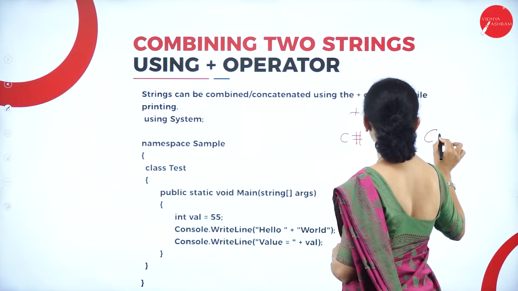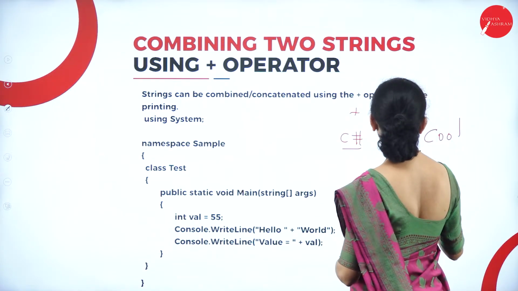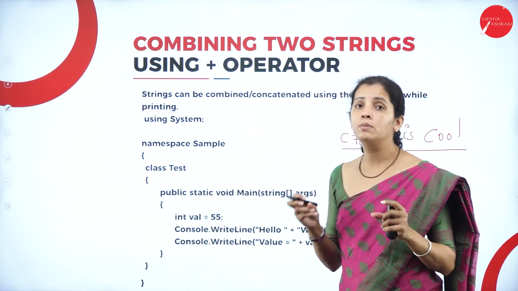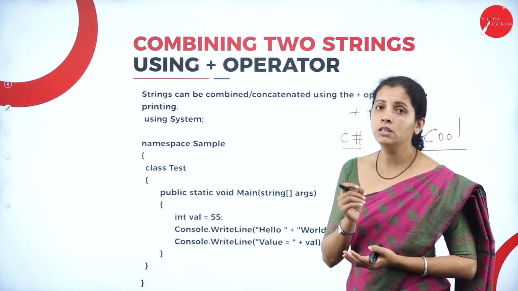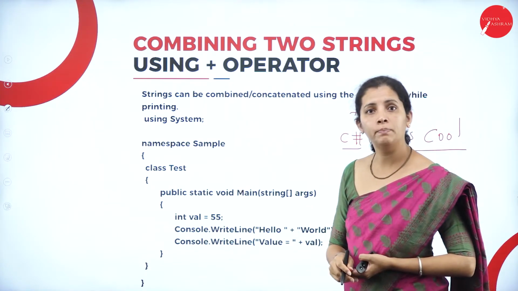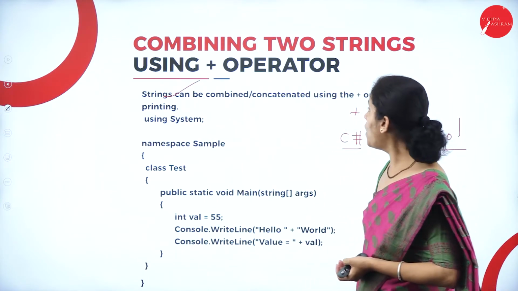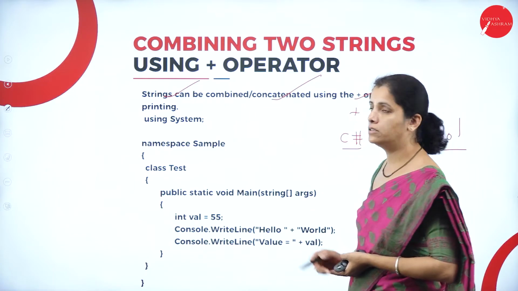So I have two strings, "C#" is one string and "is cool" is another string. Now I want to club both the strings. To club or to combine both the strings, I am going to use the operator called plus. So strings can be combined or concatenated using the plus operator.